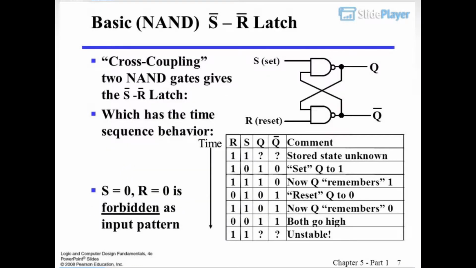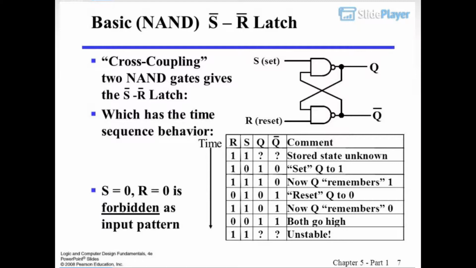Basic NAND S-R latch. Cross-coupling two NAND gates gives the SR latch, which has the following time sequence behavior. S equals 0, R equals 0 is forbidden as an input pattern. S is set, R is reset.